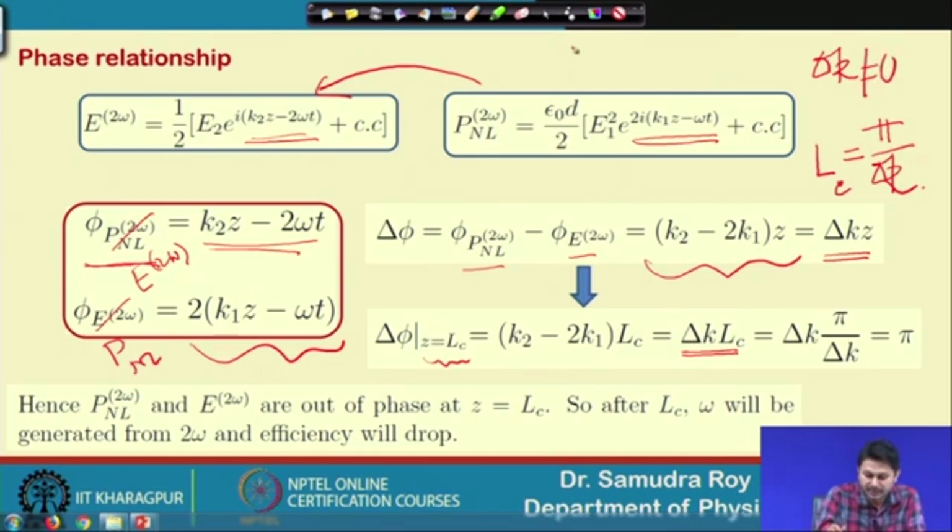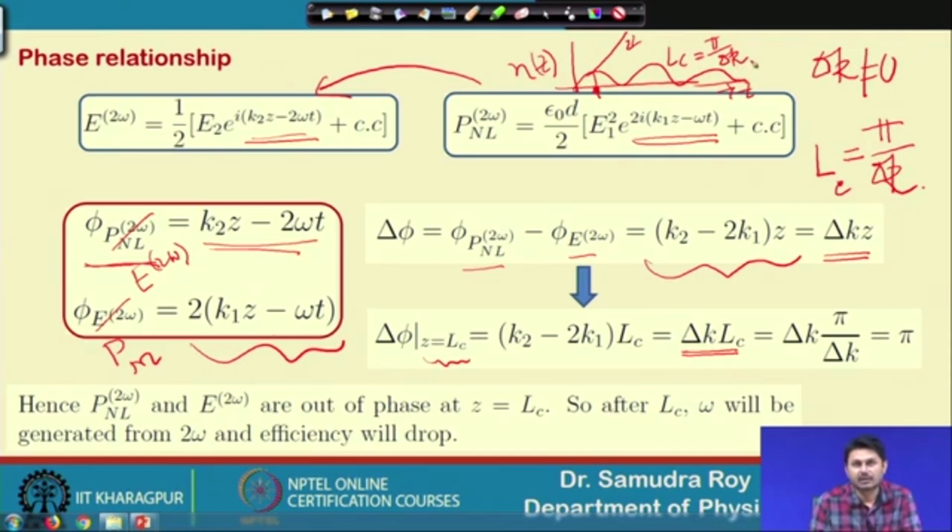It was something like this, and then the efficiency is going. So, it is efficiency as a function of z. This was proportional to z square, but this is a sinc function and we are plotting it as a function of z here. At this point we have LC, which was pi divided by delta k. That was the figure we had in the previous class.